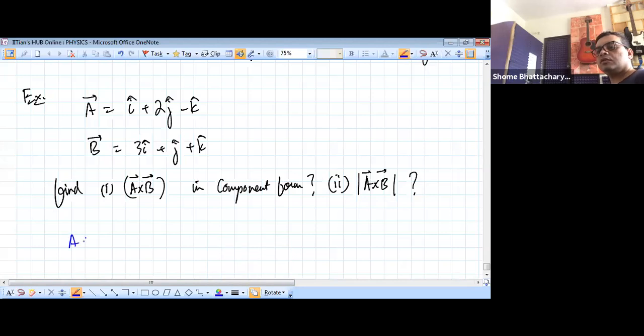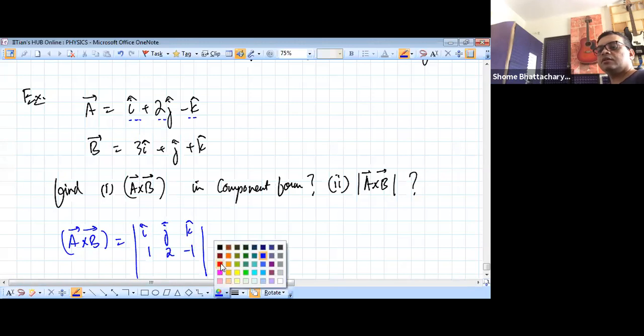So A cross B, they are 3-dimensional vectors. So you draw a 3 by 3 matrix, and the first row becomes the unit vectors. The second row will become the components of A, which are I cap, 2j cap, and minus k cap. So 1, 2, and minus 1.